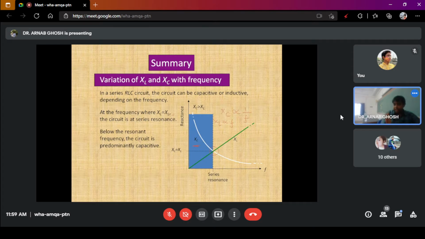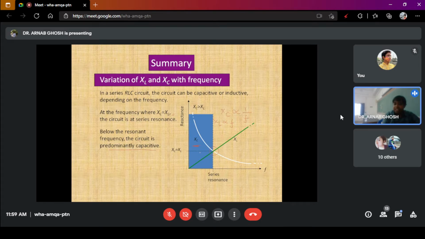Please note it down. When the frequency is below the series resonance, the circuit is capacitive in nature, right?